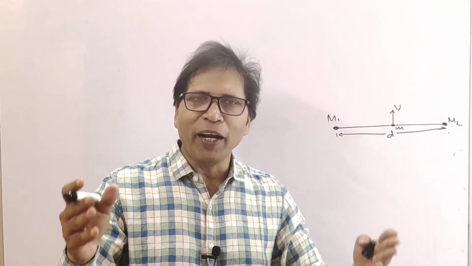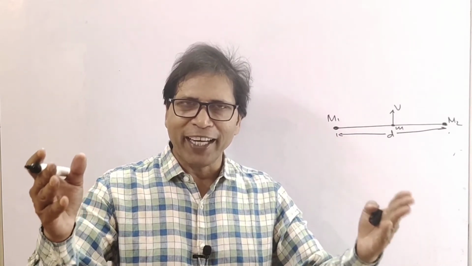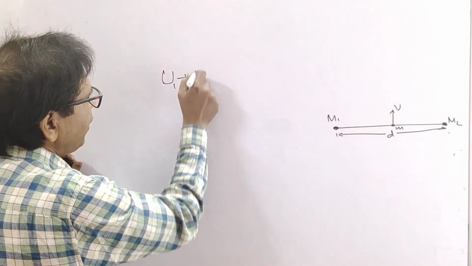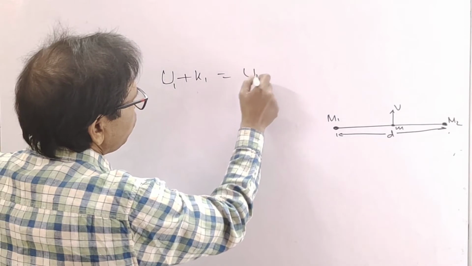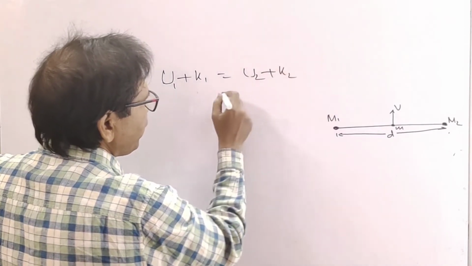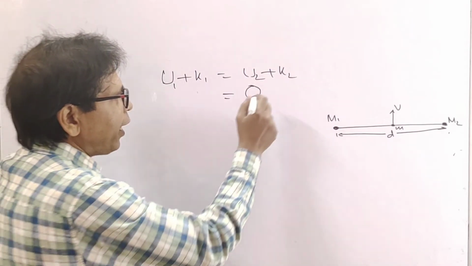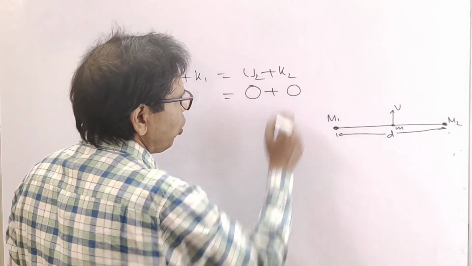So now we apply the conservation of mechanical energy. This is U1 plus K1 equals U2 plus K2. Now look at this, the potential energy at infinity is 0. The kinetic energy at infinity is also 0.